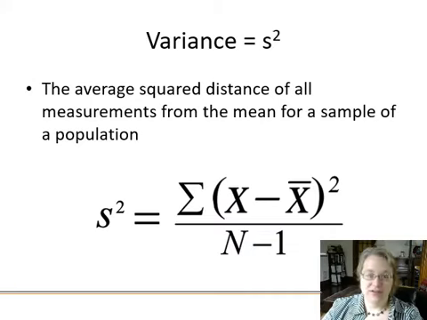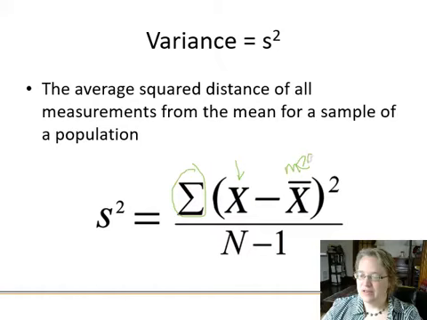Next, we have variance. Variance, s squared, is the average squared distance of all measurements from the mean for a sample of a population. So this is our sum notation again. You take whatever your x is, subtract the mean, square that, sum them all up, and then divide by n, the number of observations, minus 1.